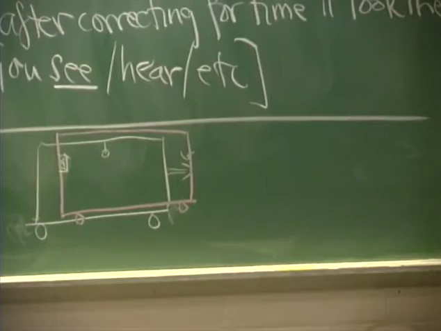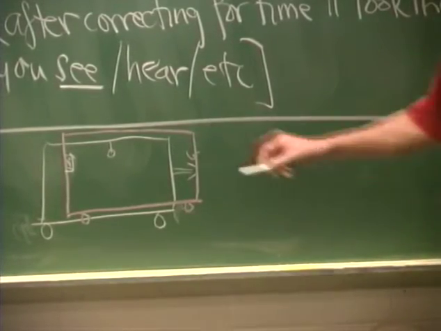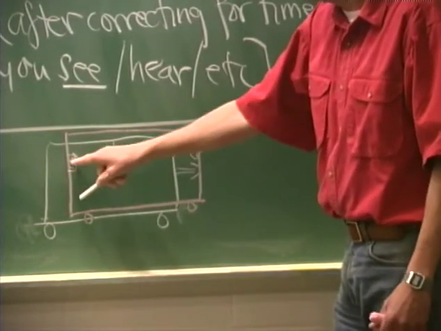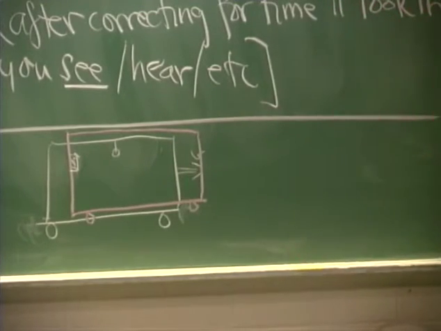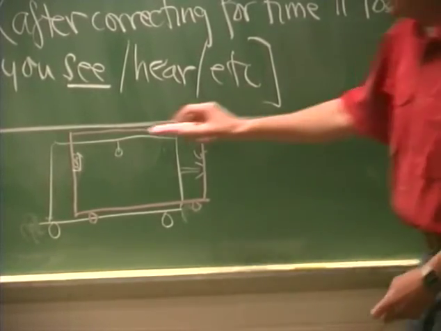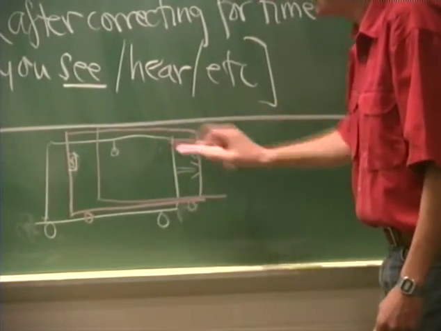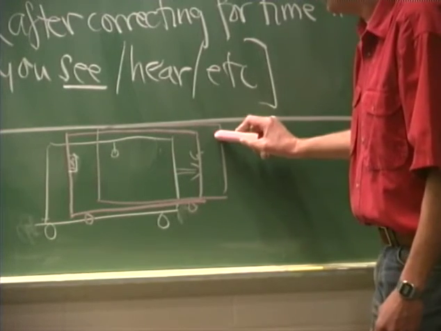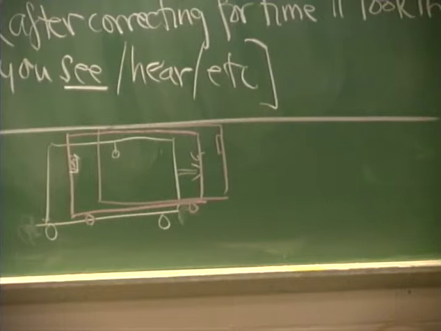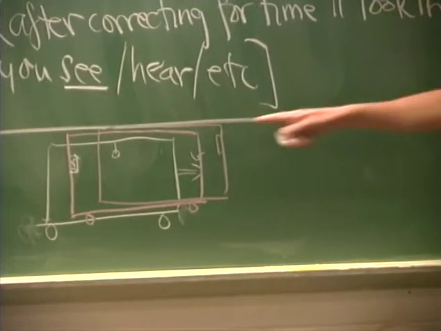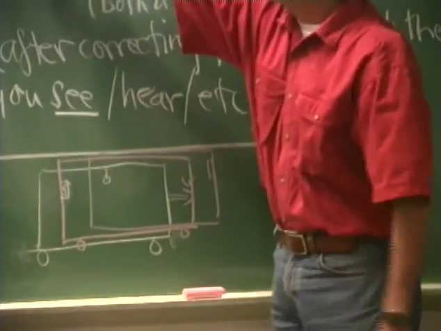How about detector A? No, the light signal does not yet reach detector A. It's only gone an equal distance in the forward direction, but detector A has meanwhile moved further over to the right. So it hasn't got to A yet. In fact, it'll be a moment later, when the thing has moved into this position, that the light signal finally reaches detector A. You see the point? Because the boxcar is in the meantime moving, the light has to go a shorter distance to the rear end than it does to get to the forward end.